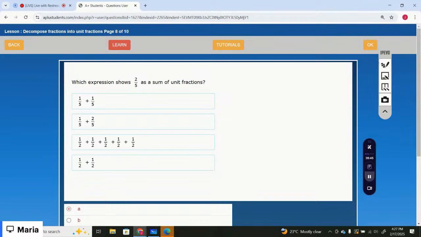Very good. Option A is the correct option. That is 1 by 5 plus 1 by 5.